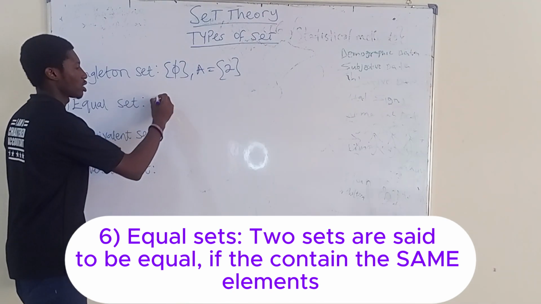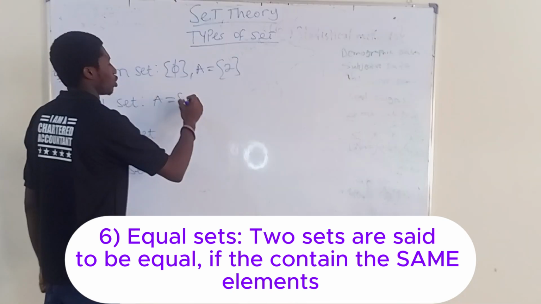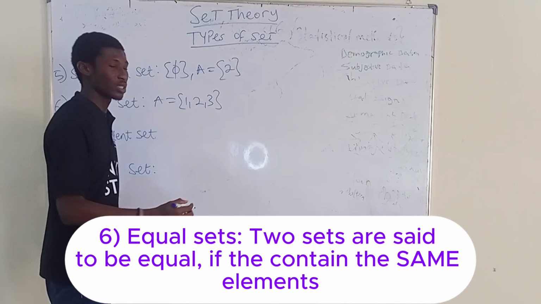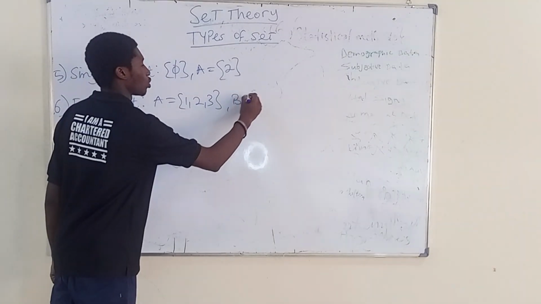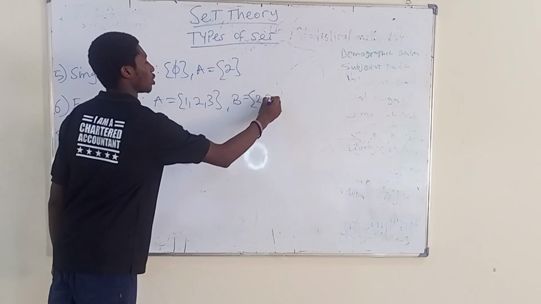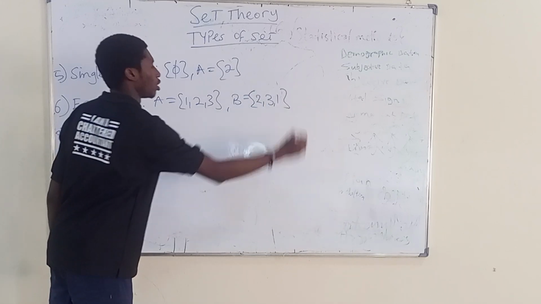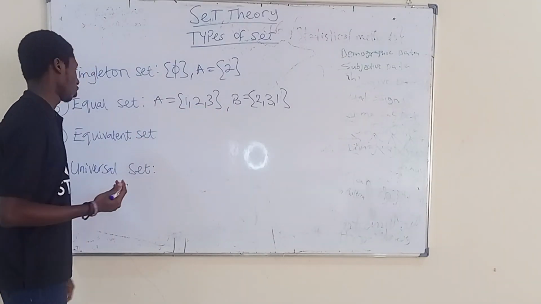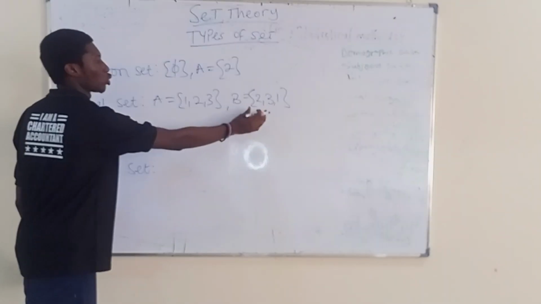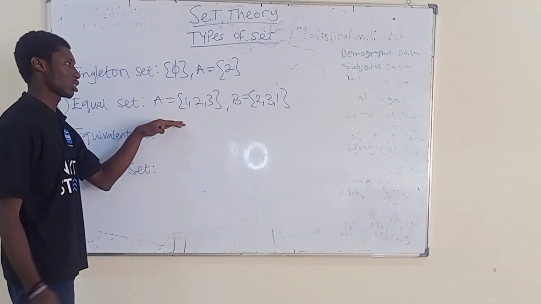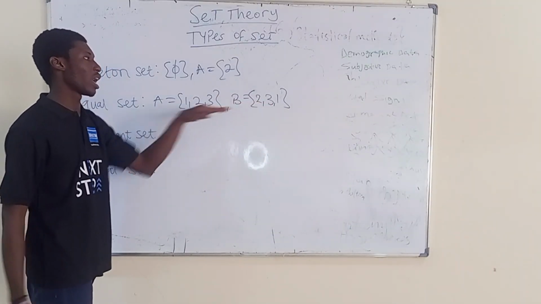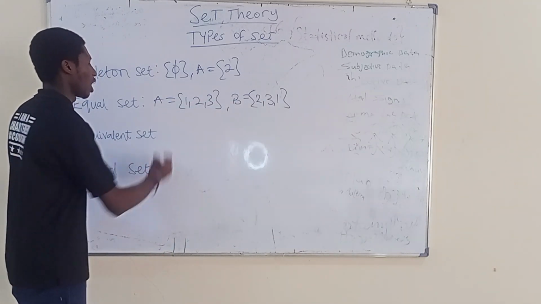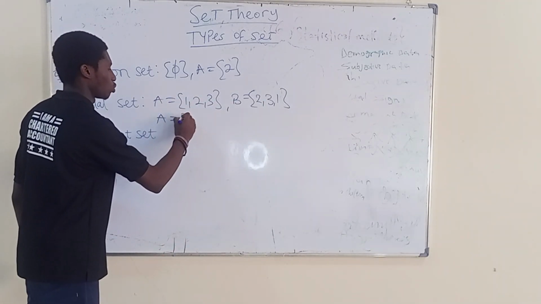If I have set A, which is equal to 1, 2, 3, and I have another set B, which is equal to 2, 3, 1, these sets are said to be equal irrespective of their arrangement. As long as they have the same elements or the same members, they are said to be equal. And so we can say A is equal to B.